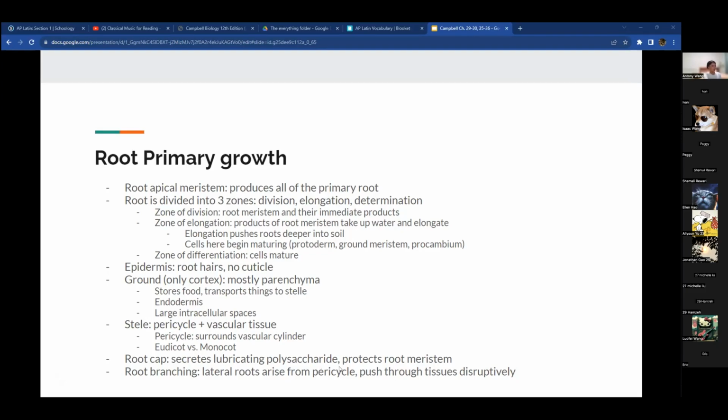Lateral roots arise from the pericycle and push through tissues disruptively. So lateral roots arise from the region right outside of the stele, and as lateral roots form, they expand into the existing root, and then they rupture out and grow into their own root.